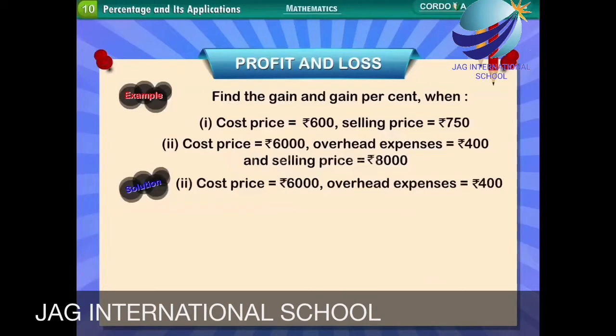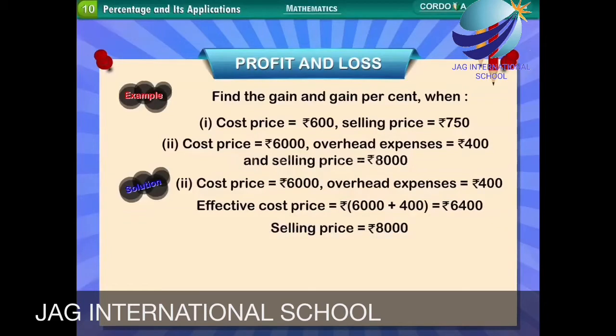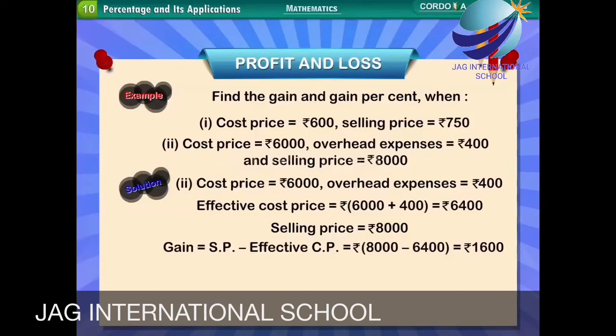Cost price is equal to rupees 6,000. Overhead expenses is equal to rupees 400. Effective cost price is equal to rupees 6,000 plus 400, which is equal to rupees 6,400. Selling price is equal to rupees 8,000. Gain is equal to SP minus effective CP, which is equal to rupees 8,000 minus 6,400, which is equal to rupees 1,600.